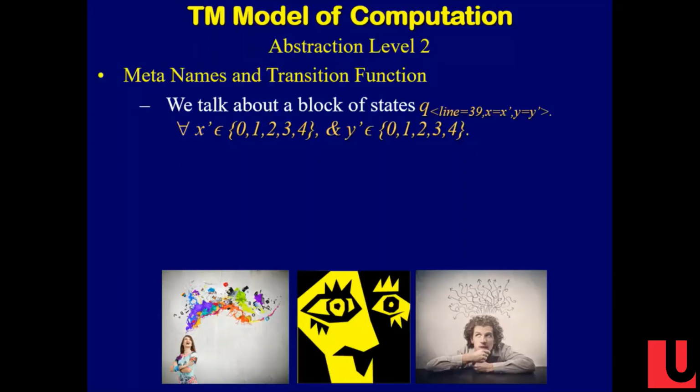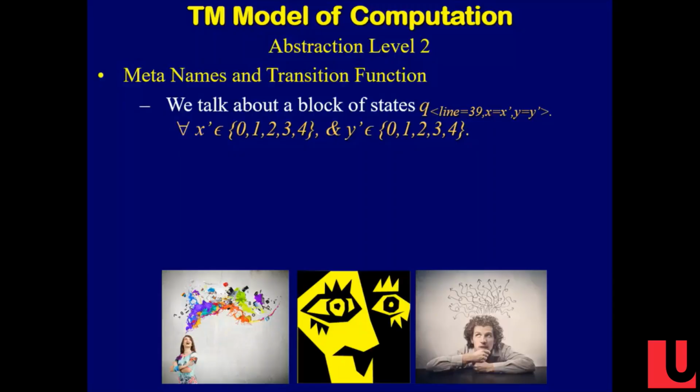Does that make sense? How many states do I have? 5 times 5 is 25. Right? I'm talking about 25 states with 25 different names. But the advantage of this is I can talk about them in a meta kind of way. Everybody getting this?